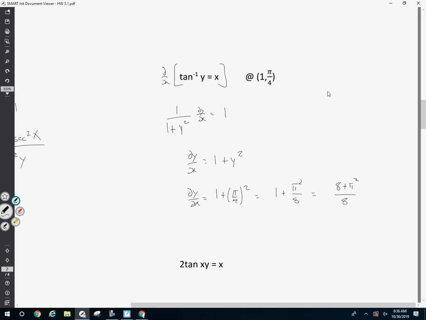I think what I wanted to do is just talk about what is the tan inverse of pi over 4? You should be able to know how to do this. It's the same as asking, let's just say this is an x. If you took the tangent of both sides, that pi over 4 is equal to the tangent of x. That's not right.